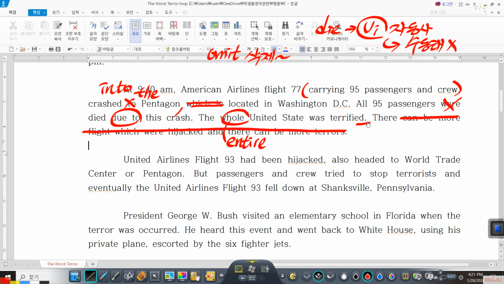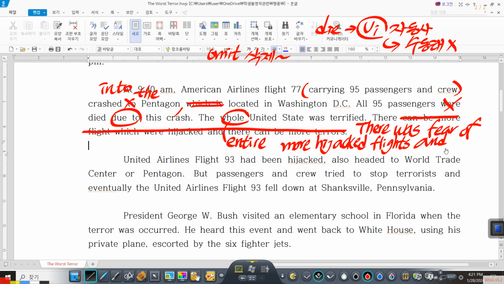I know what it means. There was fear. Fear. What kind of fear? Of more hijacked flights. More hijacked flights. How simple this is. Very simple. And additional terror attacks.